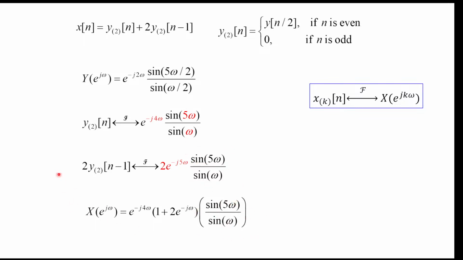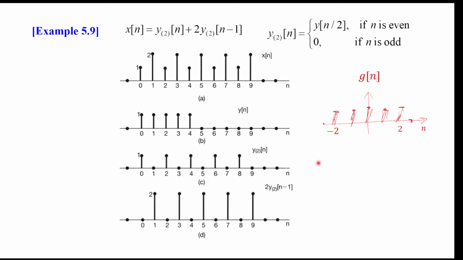Okay. So this is X of e to the jω without doing the integration, without doing the summation. So you have this quite complicated x of n.